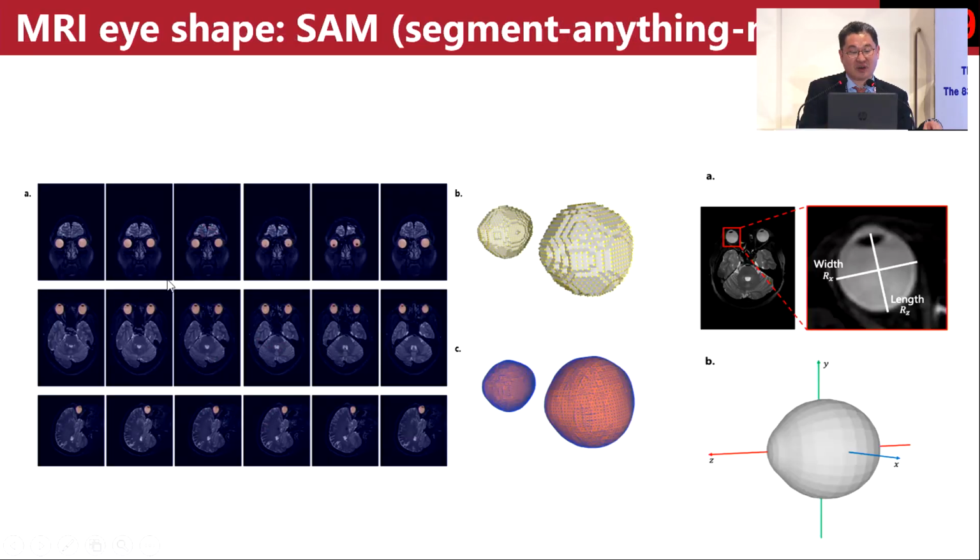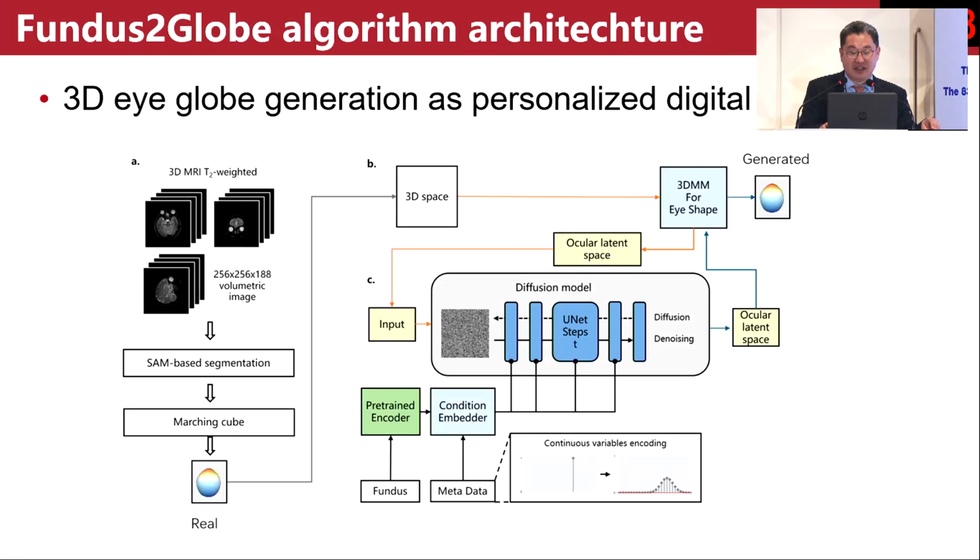So this is how we developed this segment-anything model that can easily segment the ocular eyeball from the MRI scan and convert it to a low resolution 3D image. I'm not going to go through the technical detail. But again, we need two inputs.